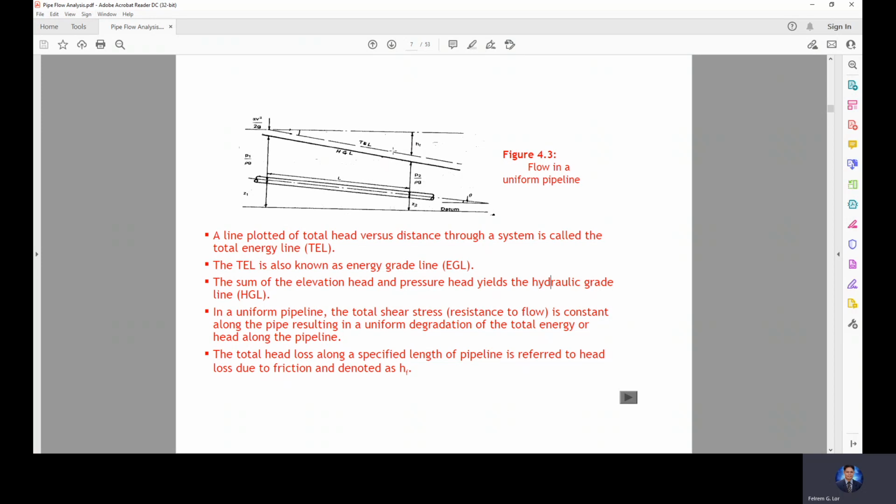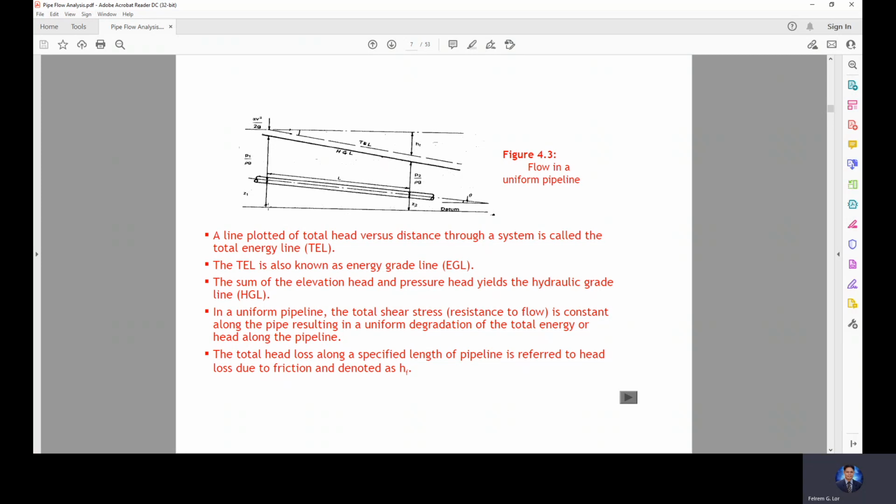This is the total energy head. It's actually the line projected if we connect the total energy minus the head loss. Actually, this is not the total energy line, this slanting line, because it has deducted the head loss. So this is actually the total energy.